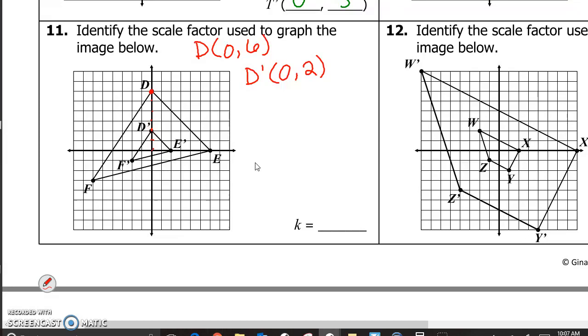So anything, 0 times anything is going to be 0. But let's look at the change from 6 to 2. It got smaller. Technically, it was dividing by 3, right? If you think about it, if we're going from 6 to 2, we divided by 3. But we didn't use division this whole time. We used multiplication.